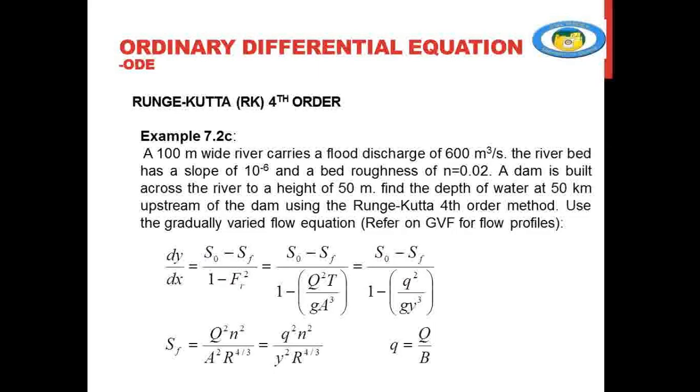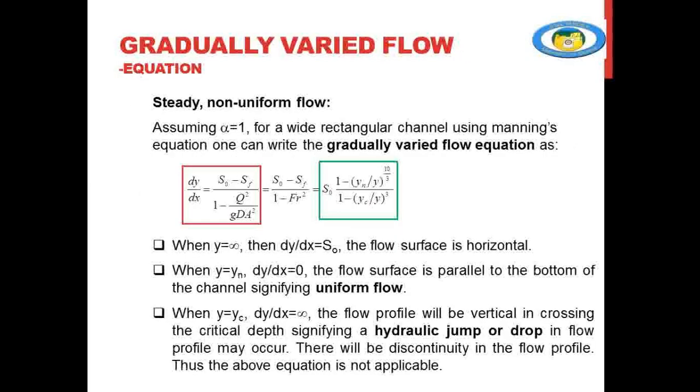So remember we were talking about this equation when we discussed gradually varied flow. That same equation we are going to use to solve for the depth at a certain point upstream. We have talked about the different water surface profiles.